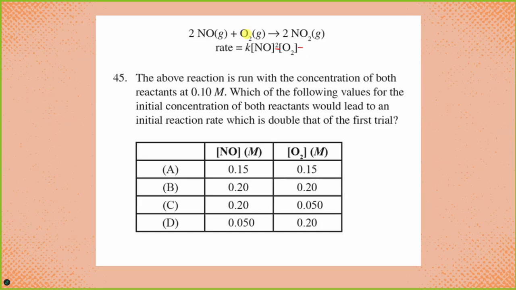Let's see here. So basically, looking here, you're going to square this and then times it by that to see. And it says initially we were starting with concentrations of 0.1.